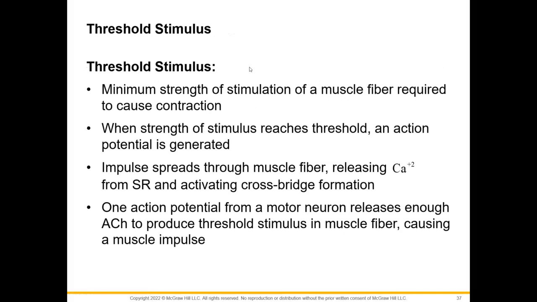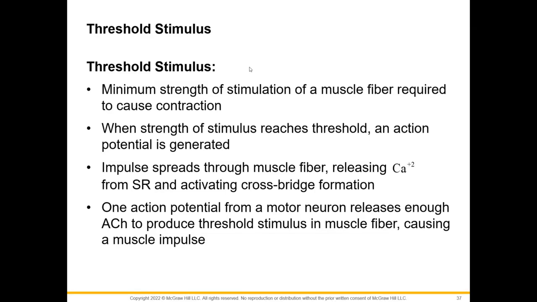Okay, there is a threshold stimulus. So this is the minimum strength of the stimulation of a muscle fiber that's required to cause contraction. When the strength of the stimulus reaches threshold, then an action potential is generated, and the impulse spreads through the muscle fiber, which releases calcium from the sarcoplasmic reticulum. So we're coming back to that, and it activates the cross bridge formation of the myosin and the actin.